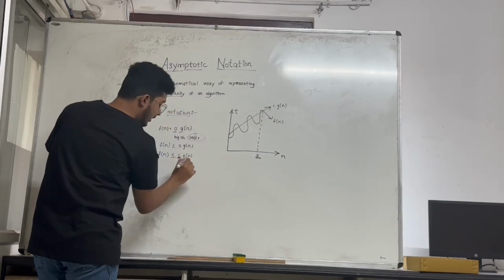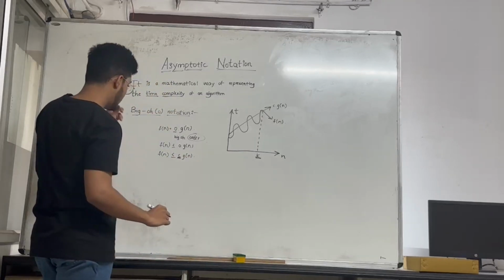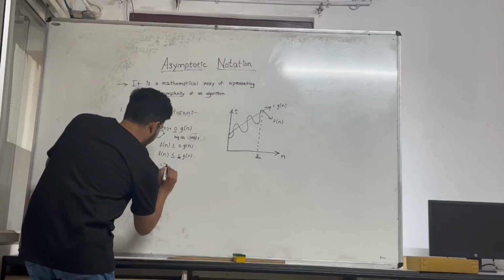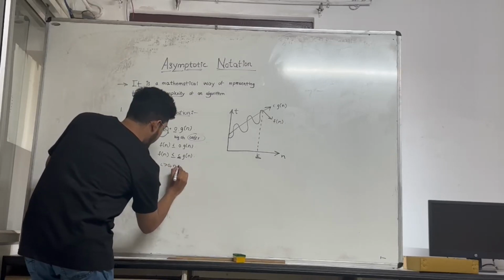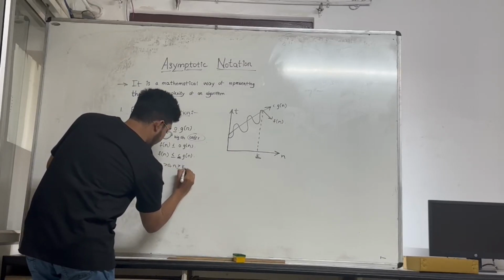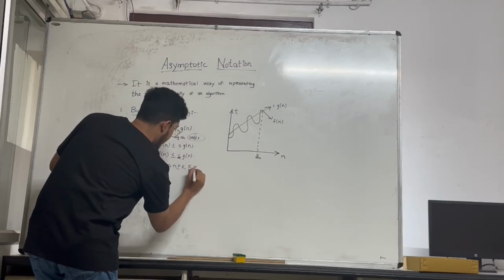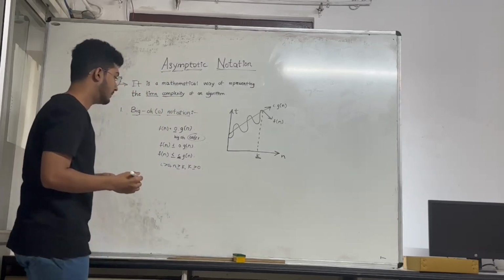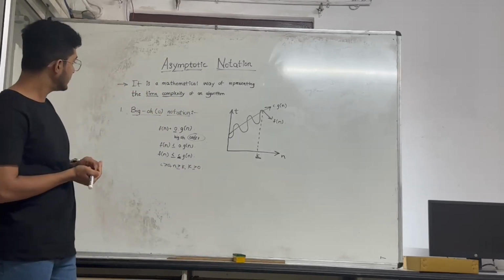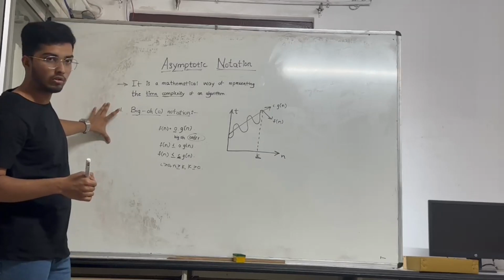Here c represents the constant. So here c must be greater than 0 and n must be greater than or equal to k, and k should be greater than or equal to 0. So this is the concept of big O notation.